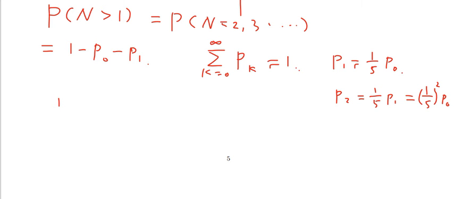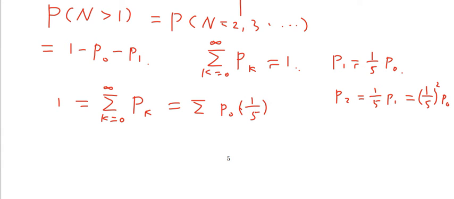So 1 equals the summation of Pk, k equals 0 to infinity. This becomes a math problem. Pk actually equals P0 times 1 over 5 to the k-th power, so that equals P0 times the summation of 1 over 5 to the k.